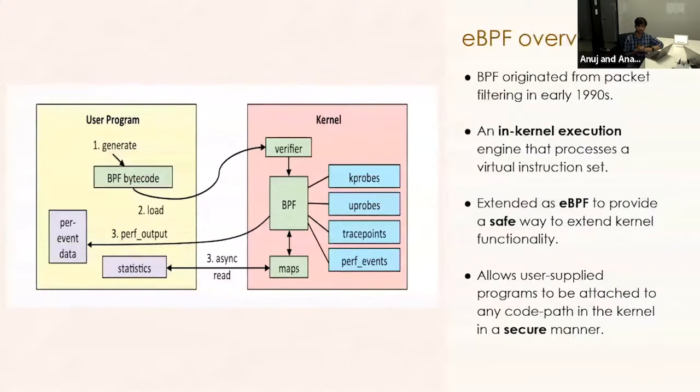Once deemed safe, this program will be loaded into the kernel. Your BPF program might have hooks into various kernel subsystems via kprobes or trace points, or even into some application programs through uprobes. Now to get this data into the user program, you can use perf events or the inbuilt eBPF maps. Yeah, next slide, please.